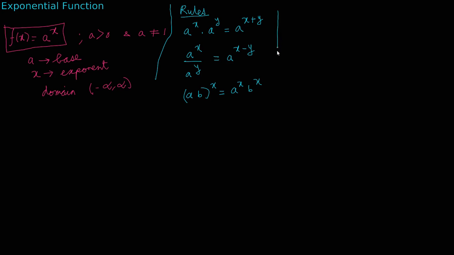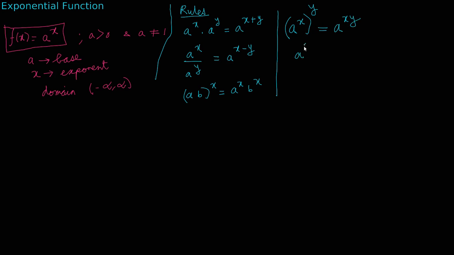And if I have an exponent in power form, a power x and then the whole thing power y, in this case I am going to simply multiply both exponents, so a power xy. That is a very important conclusion.